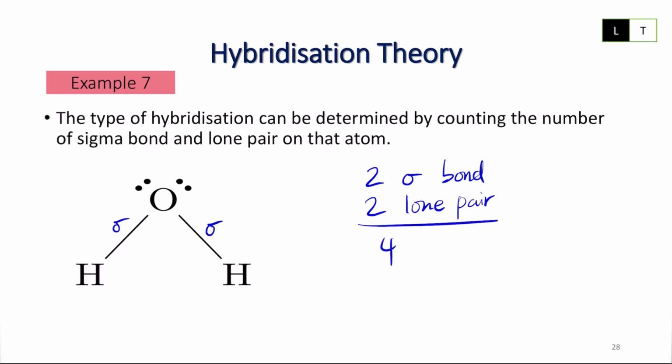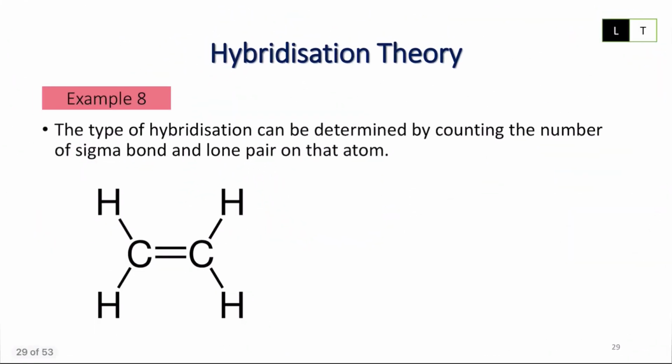So bila 4, macam tadi, kita ada SPPP, D ada 5. So maknanya dalam kes ini, saya hanya guna sampai P sahaja sebab dah cukup 4. Dan type of hybridization for oxygen, kita akan tunjuk menggunakan anak panah sp3. Okay, macam tu je label. Very easy.